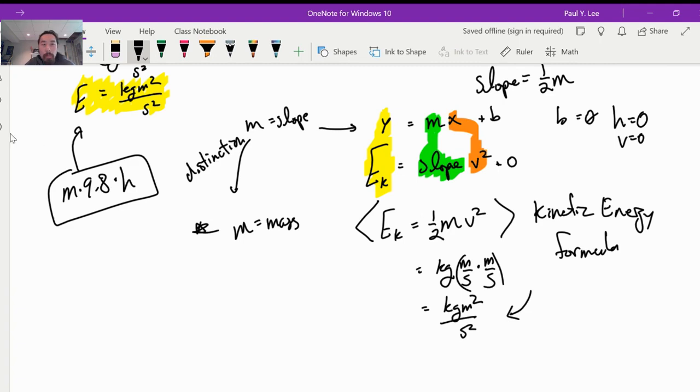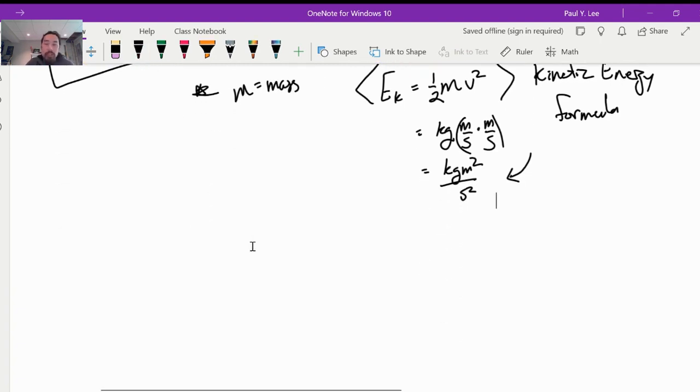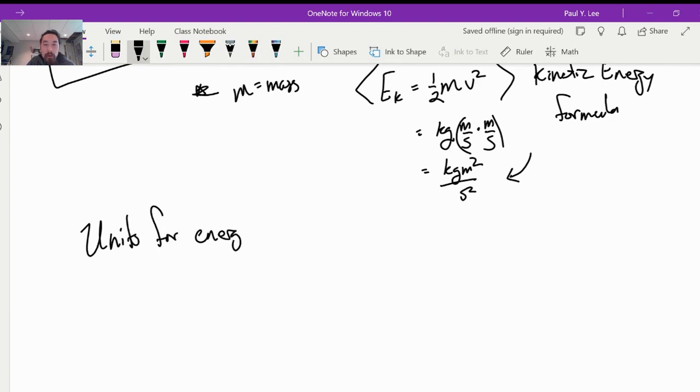And so we can jump to the conclusion that the gravitational potential energy and the kinetic energy all have the same units, the units for energy, no matter if it's gravitational potential or kinetic energy.